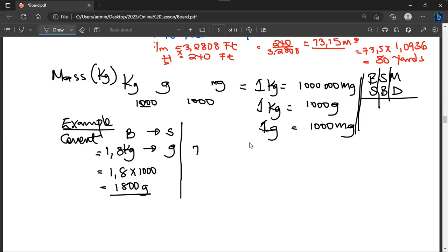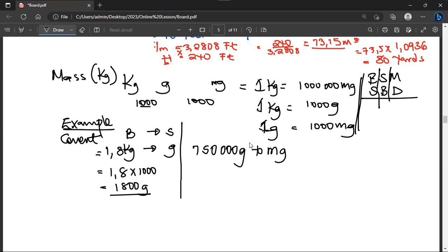Let's convert. So still we are changing 750,000 grams to milligrams. So we are going from grams to milligrams, we are still changing from big to small.